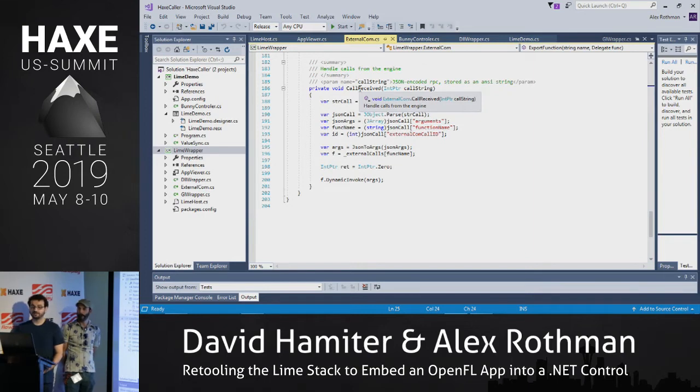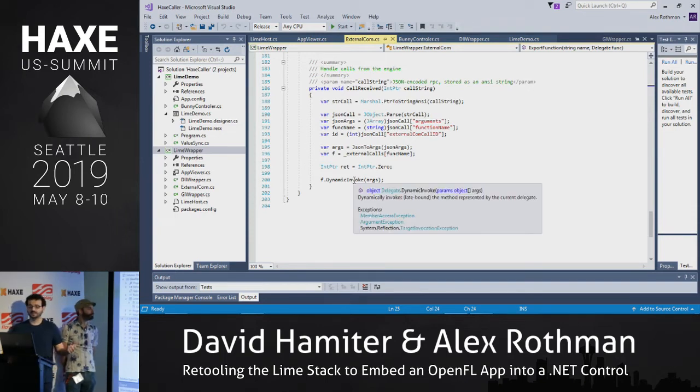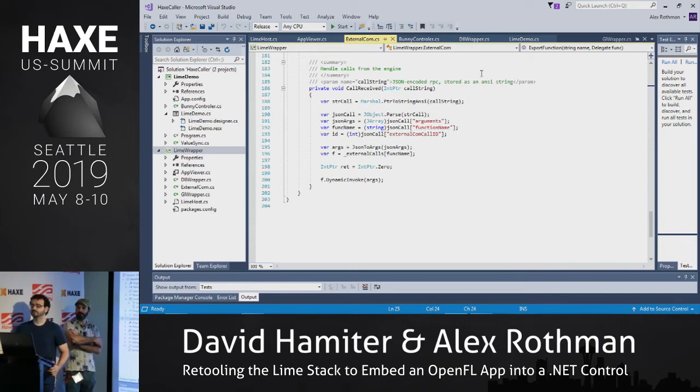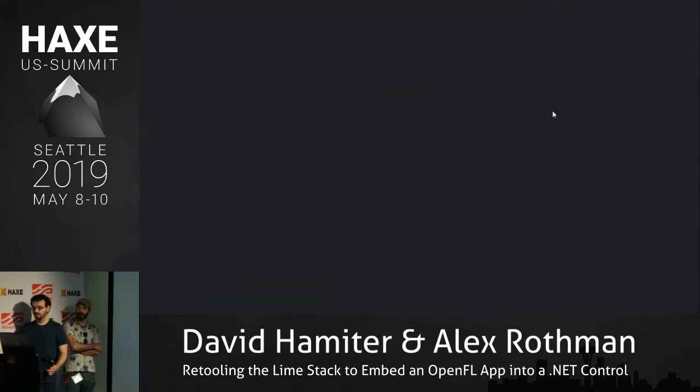This is the target that actually gets run by OpenFL code that makes an external comm call to the host. And so we parse the call, and then we dynamic invoke it. It's a function table, just in some arcane C#. So that's really what we have here.